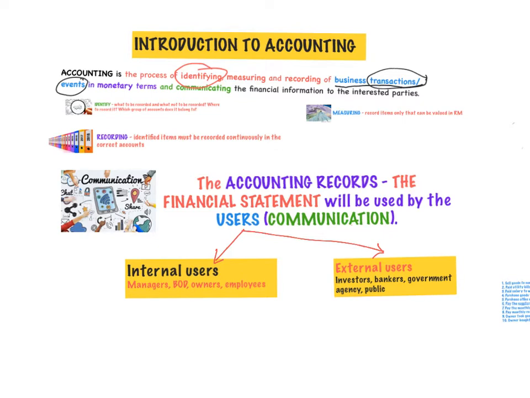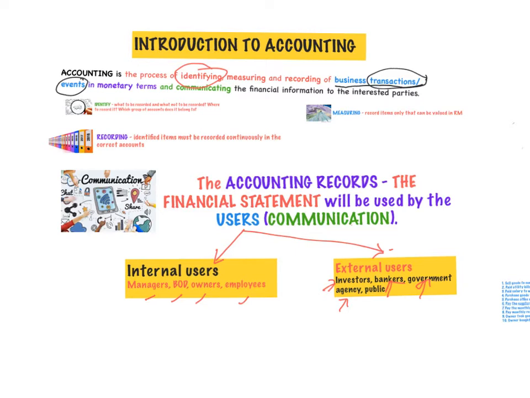The internal users, for example, are people in the organization itself, like the managers, the board of directors, the owners, or the employees. The external users are people outside of the organization, for example, the investors, the bankers, government agencies like the income tax people, and also the public. So this is what communication is all about.